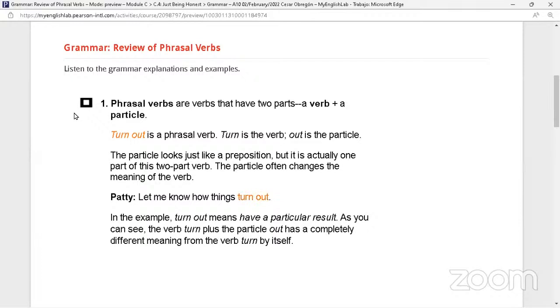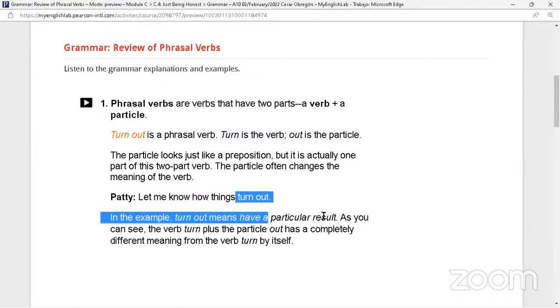In the example, turn out means have a particular result. As you can see, the verb turn plus the particle out has a completely different meaning from the verb turn by itself. Okay. Now, do you think turn out is a separable or inseparable phrasal verb? Inseparable. Yes, you're right. Good.